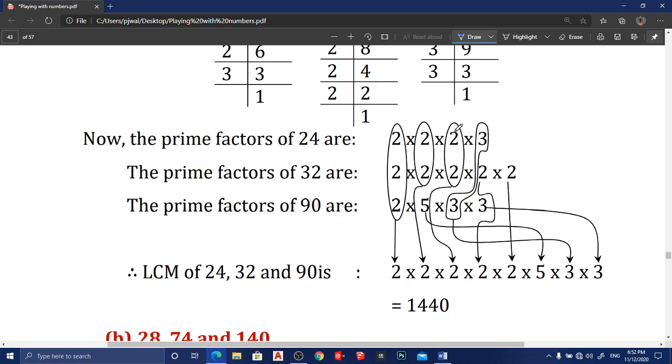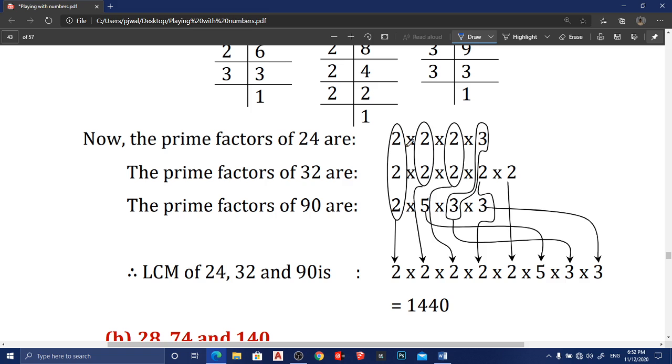Here 3 is occurring in the factors of 24 and 90. That's why I am taking and rounding up like this. And this 2 is not occurring anywhere, so leave it. This 2 is also not occurring anywhere in the remaining list of the factors, and 3 is also occurring one time only here. Okay, leave them like that.